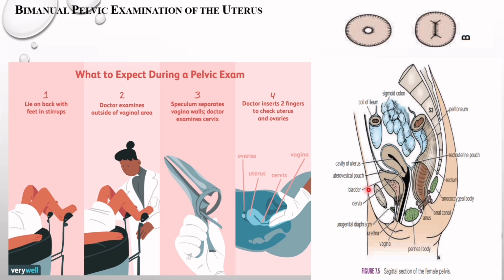So we should appreciate the fact that the external os of the cervix, in females that have never given birth, is circular like this. But in females who have given birth, we have these lips, an anterior lip and a posterior lip here.